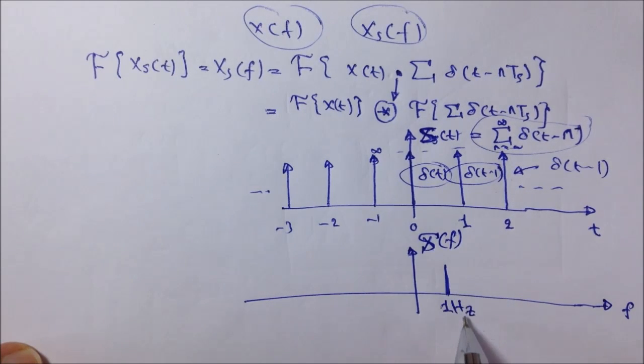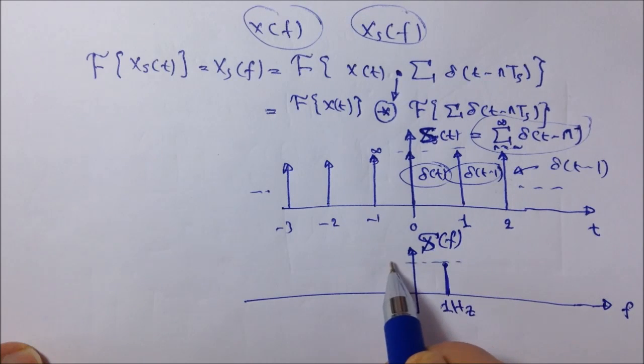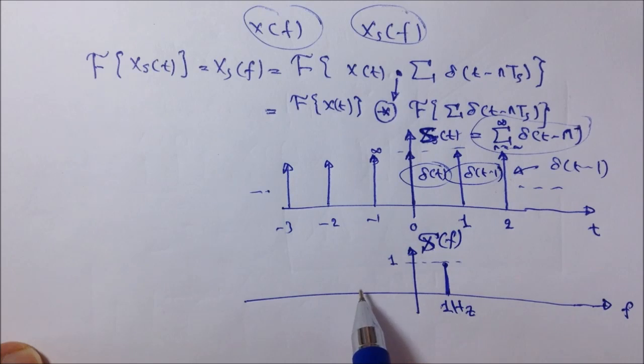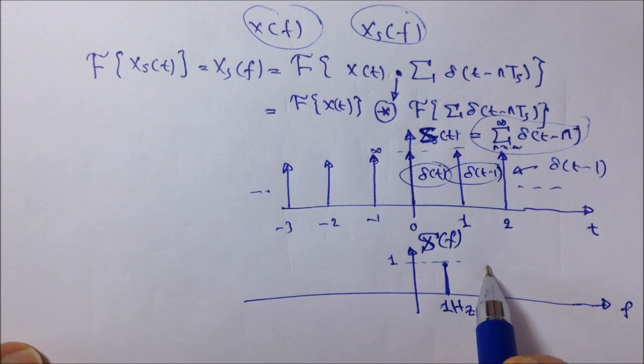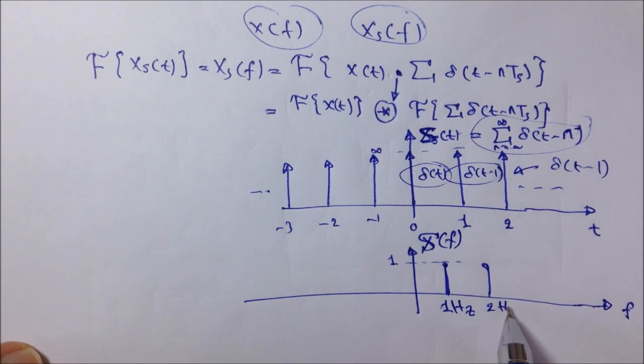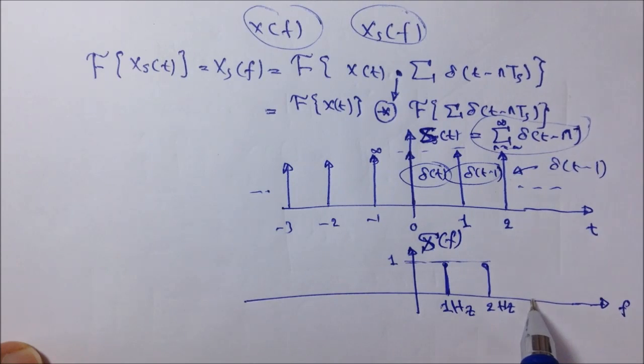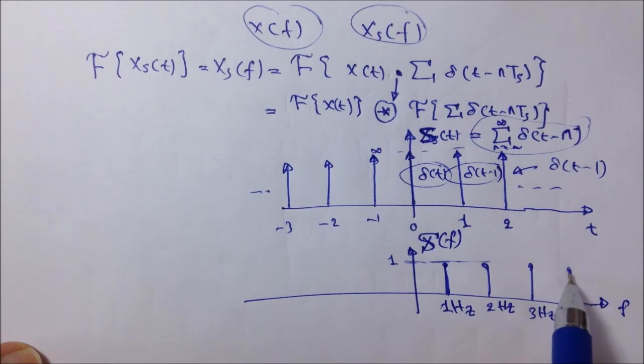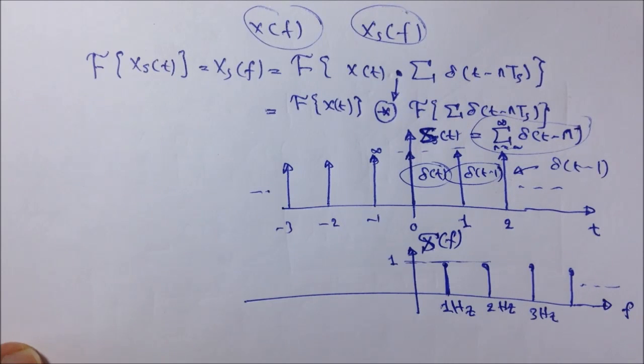We added up a 1 hertz sinusoidal, which had a peak of 1, and a 2 hertz, which has a peak of 1 again, and a 3 hertz, and a 4 hertz, and we kept adding up these frequencies. So 4 hertz, 5 hertz, and so on. So this is a frequency axis.